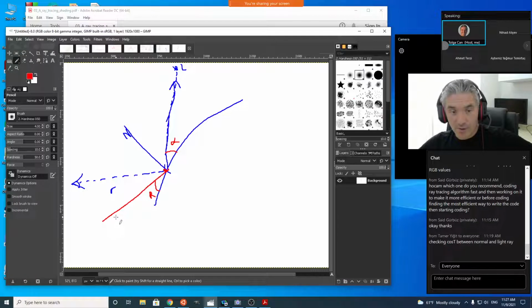So let's call this alpha, and let's call this ray the reflected ray, which can be computed. Given the normal vector of the surface, by using the normal vector and the light direction, you can compute this R vector by knowing that the incidence and reflection angles will be the same.